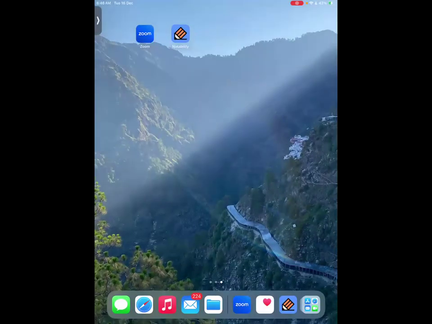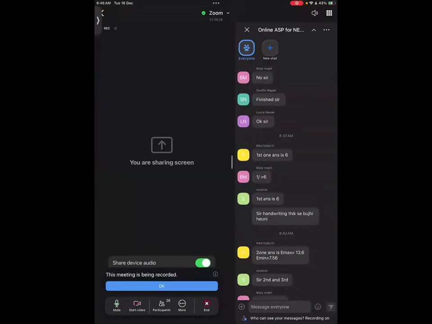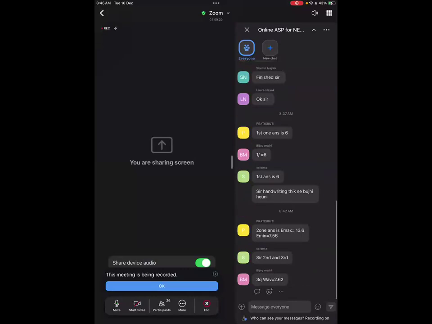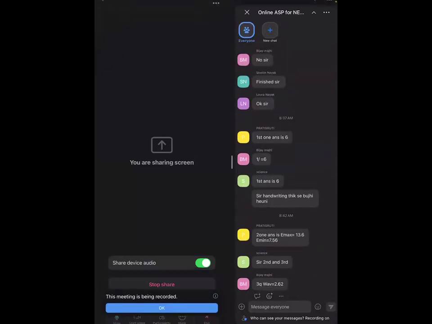Can you write in the chat box how many of you have completed? Okay, we'll discuss. Student one has written the answer. Good.